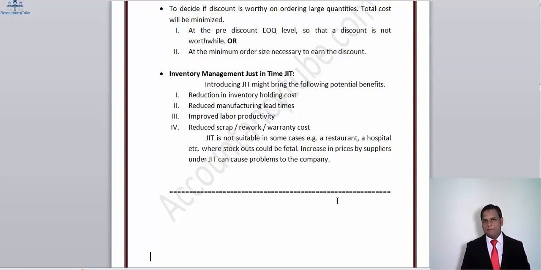So it is neither practical nor rational to go with the just-in-time system in hospitals and restaurants, where stockouts could be fatal. As I just told you, increasing prices by the supplier under JIT can cause problems to the company. As I just told you, it gives a lot of bargaining power to the supplier.